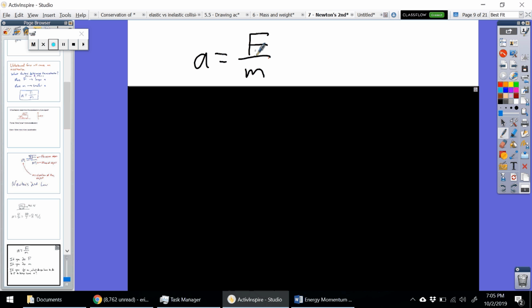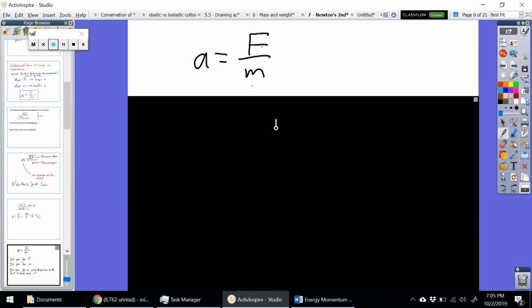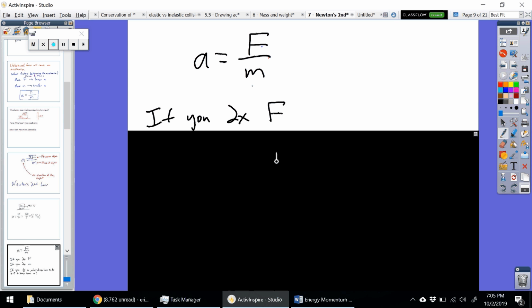And there are going to be questions that ask you to read this equation. What do I mean by that? How about this: if you double the force, what should happen to the acceleration? The way you answer this is you ask yourself, are those 2 variables linear with each other? Do you see any weird exponents?